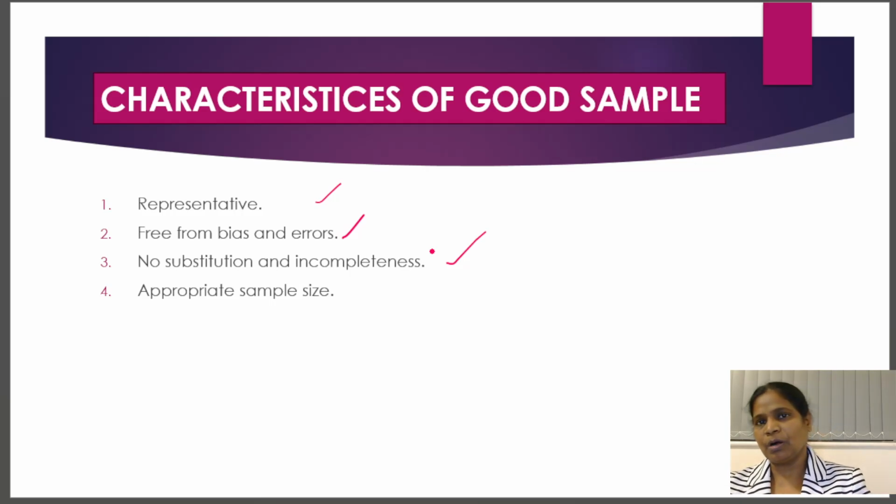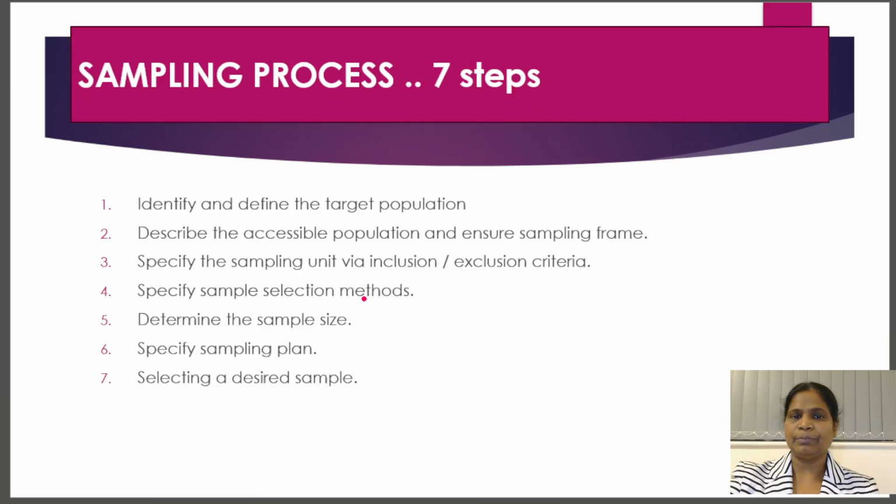That causes a problem for us to give the data for analysis and generalize the result, and if it is not completed, errors will still occur. Appropriate sample size: over representation or under representation will lead to sampling errors and we cannot generalize. It leads to no logical conclusion. So we have to be careful in these aspects when we are selecting the sample.